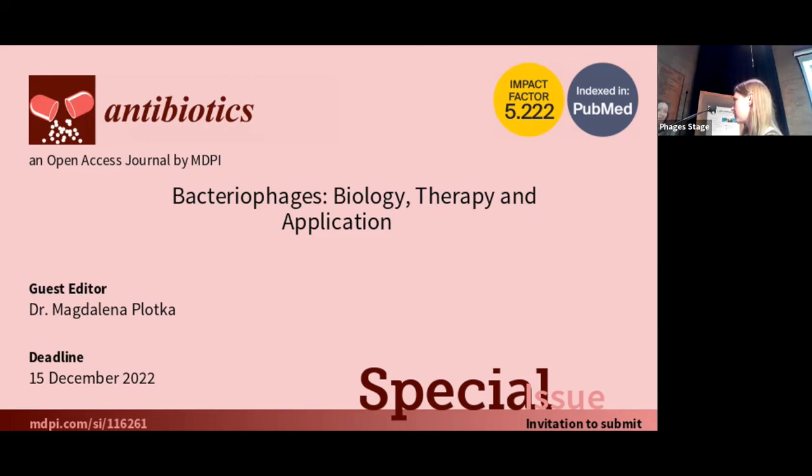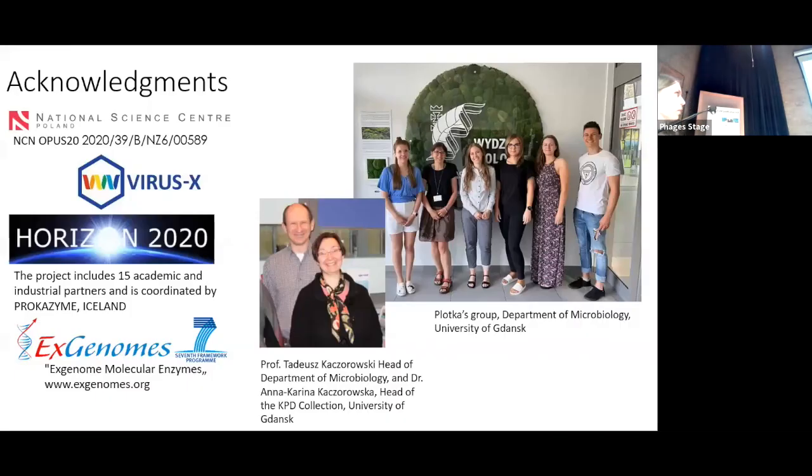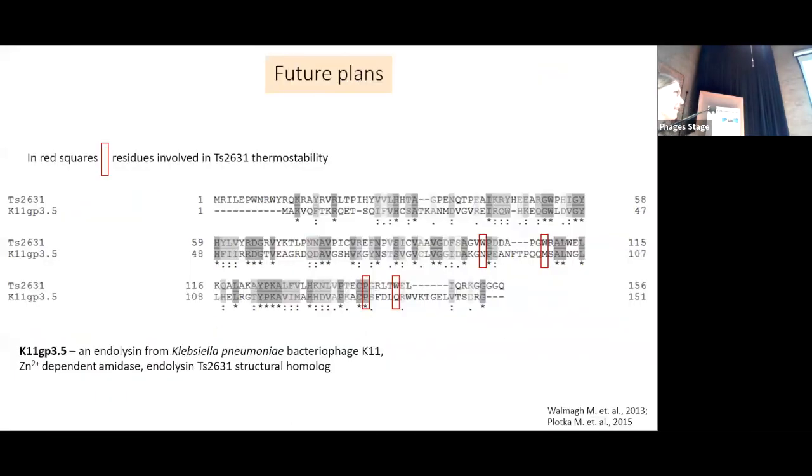Yeah, perhaps a mesophilic one to make it more thermostable. Yes, and there was an example of that one, K11. I didn't say that this is a mesophilic endolysin. Yes, and we want to find out if we can make it more stable. And we're looking for more endolysins like this. We're looking for homologs because then we can actually do this.